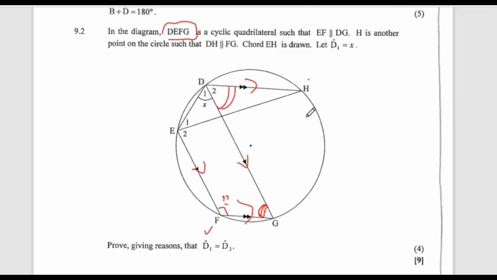If that is possible, then I've proved my question. So step number 1, I'm going to say that F is 180 minus X. Reason: opposite angles of the cyclic quadrilateral.